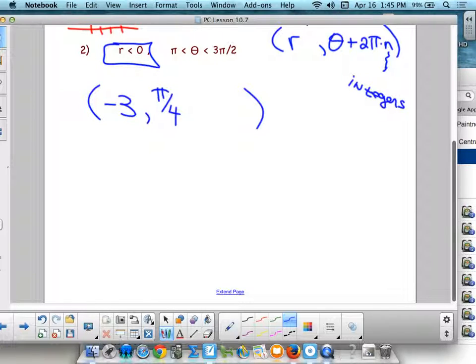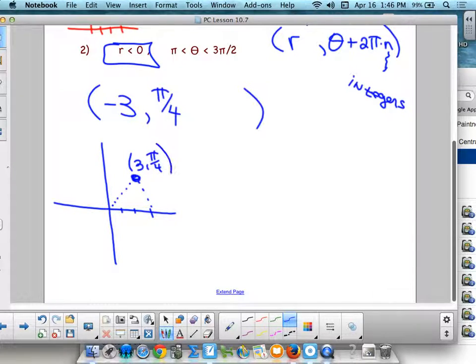Okay, hang on. You guys, that's not right. Don't do that, but I want to show you what's happening. What was the original point? 1, 2, 3, up 45. About here. This is 3 comma pi over 4. Look what they're asking you for. They want your r value to be negative. Well, where is negative 3 comma pi over 4?